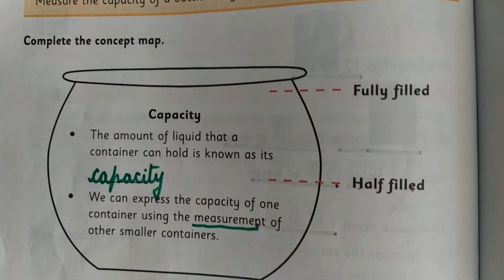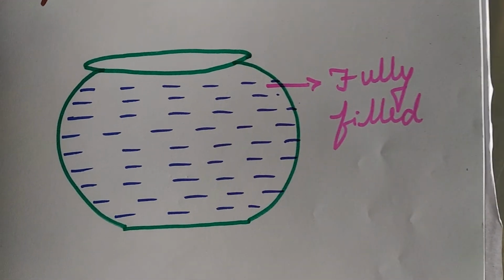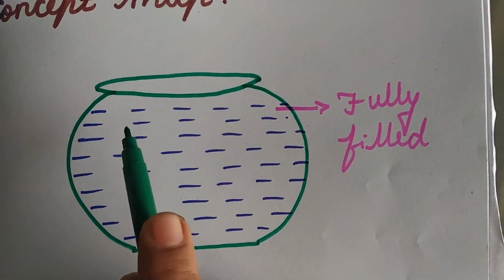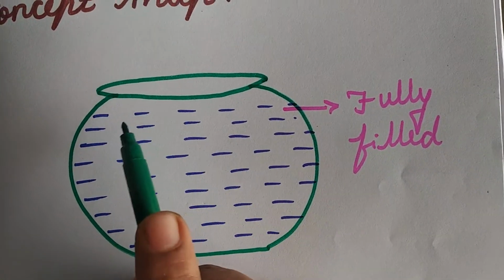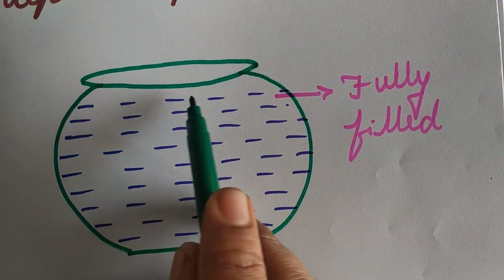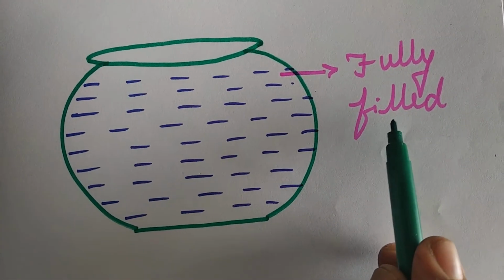Now see here, for example, I have drawn one pot. This pot is filled fully, the water is filled fully until this, so we call this fully filled.